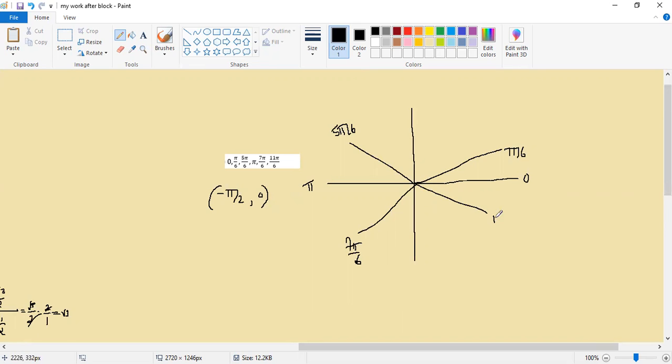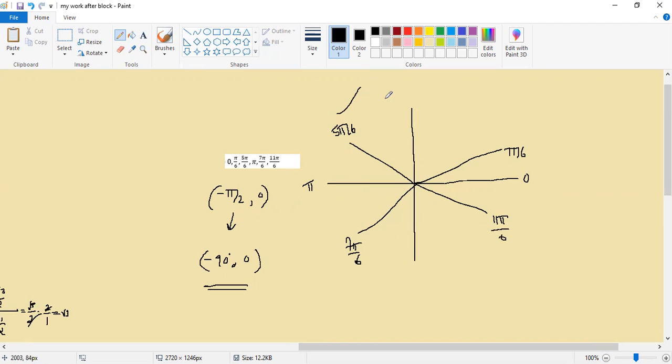And then we had 11 pi over 6. Now, we want to find solutions which are between the interval negative 90 degrees to 0. And what you'll notice is that none of these particular angles fall within this particular interval.